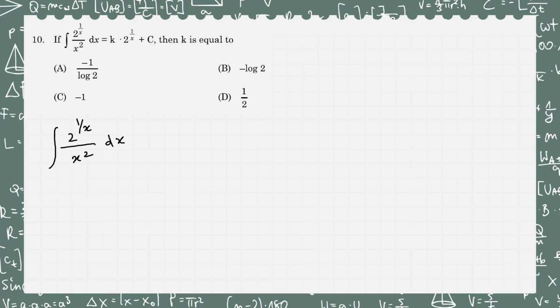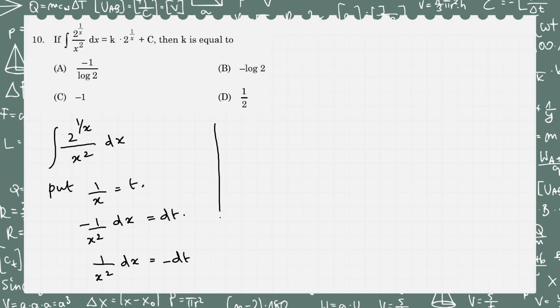So let's do that. In this integral, we can use the substitution method. We put 1 by x equal to t. Then you very well know that minus 1 by x square dx is equal to dt. But we want 1 by x square into dx, so giving the minus sign to the other side, we have 1 by x square dx equal to minus dt.